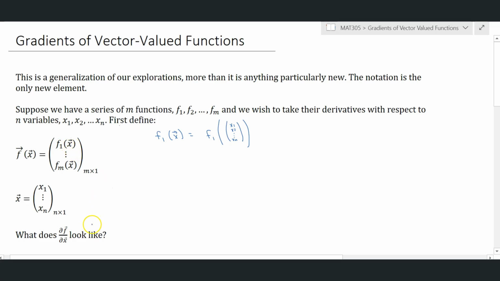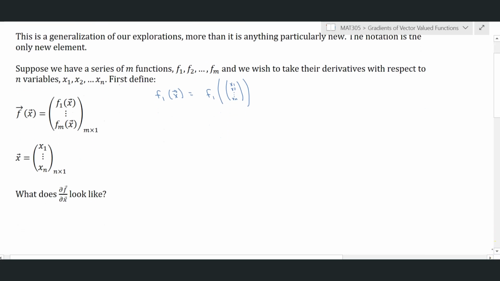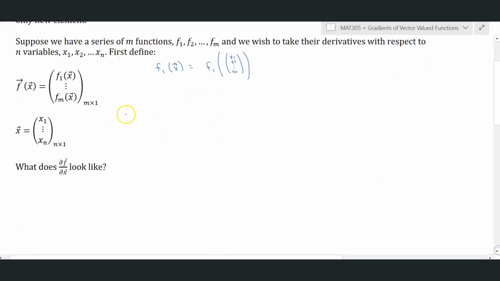So the question we might have is, what would be the derivative of this vector of functions with respect to the vector of variables? First of all, let me just look at the derivative of f1 with respect to that whole vector.